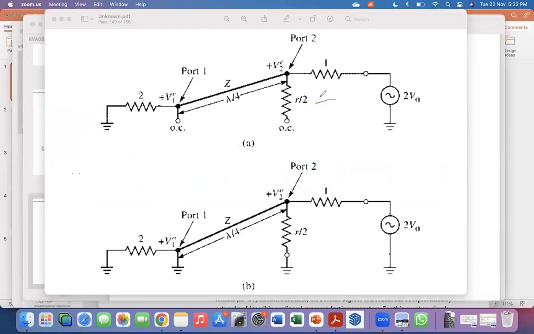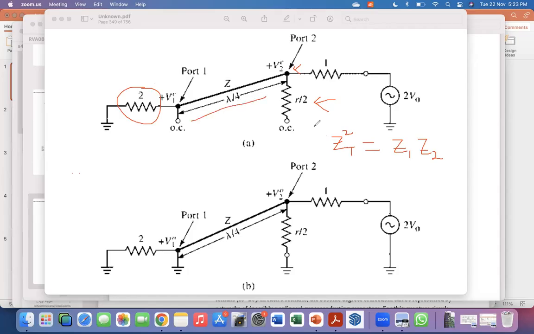Right. So we are looking at from here, and remember the quarter wave transformer equation is that Z of the transformer square is equal to the product of the 2 ports, right? Z1 and Z2. Okay, 1 and 2 here mean different things. So if I look at port 2 here, which is this point here, I'm trying to transform this impedance by this transformer.